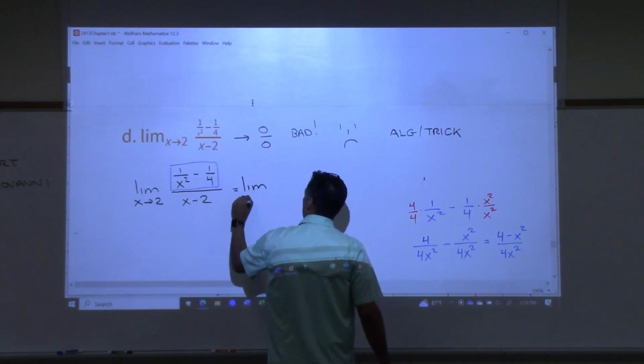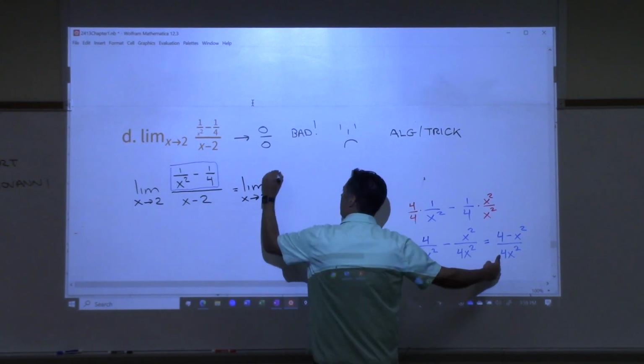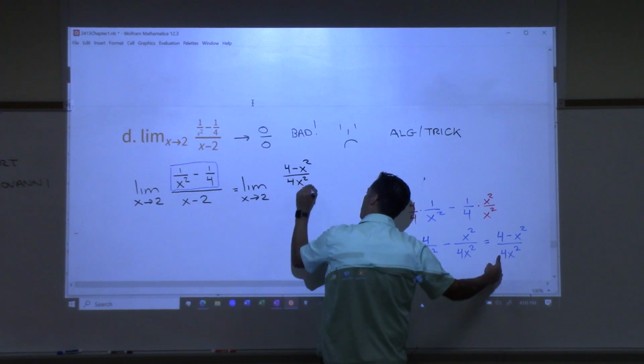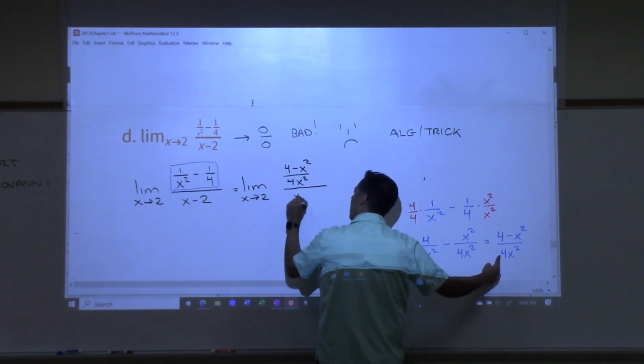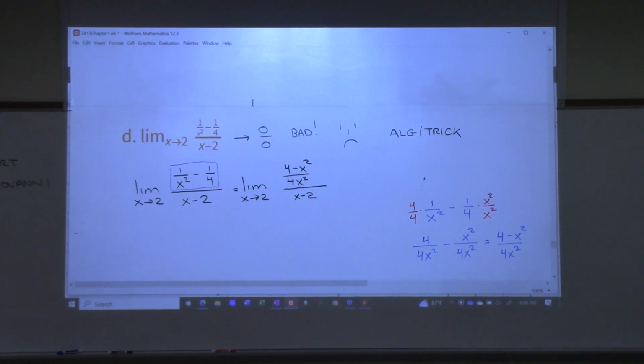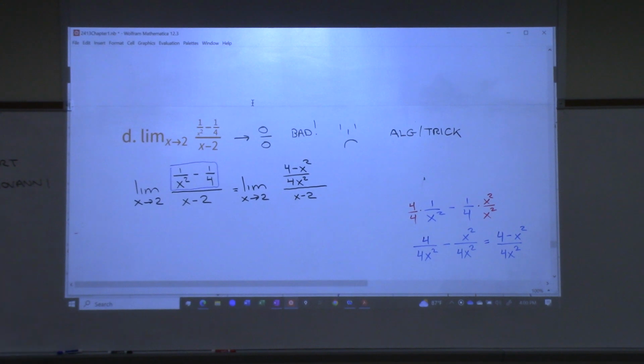Limit x approaches 2. The blue box now becomes this right here. 4 minus x squared over 4x squared, but all of that is still over x minus 2. And now we still have a weird looking fraction, don't we? We have a weird looking fraction.